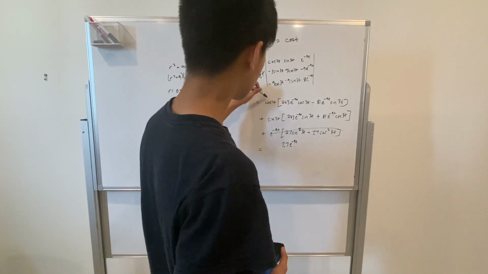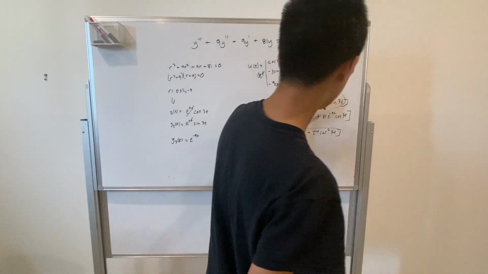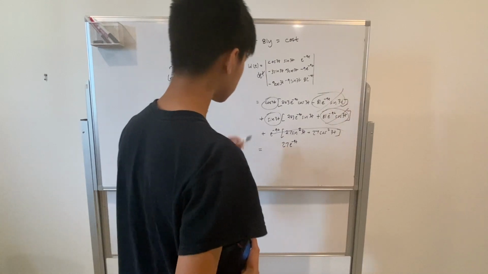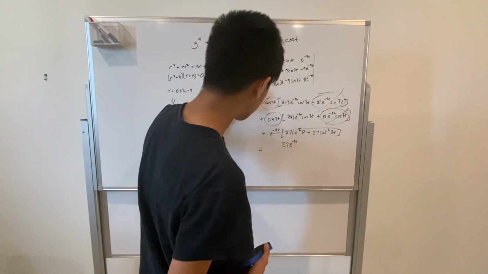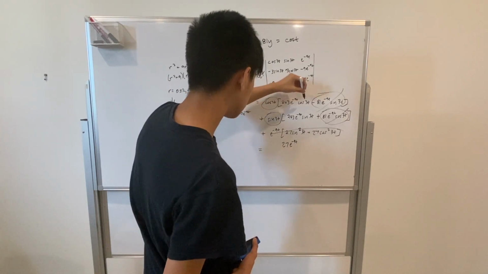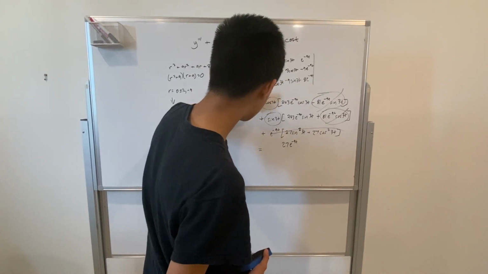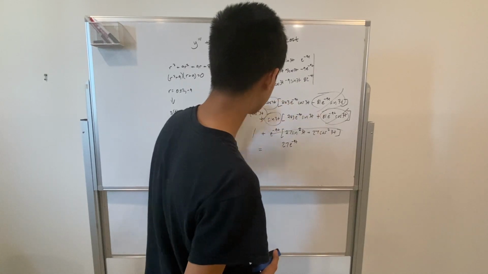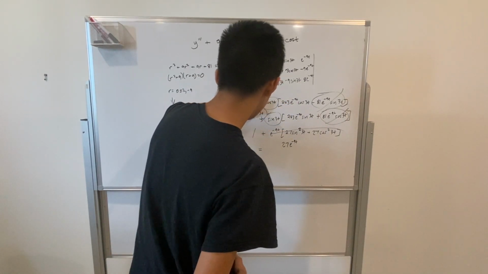So cosine 3t times negative 81 and sine of 3t, these cancel out. So we have 243 e to the negative 9t times cosine squared 3t, and we have the same thing on the second term, so we have plus sine squared 3t.